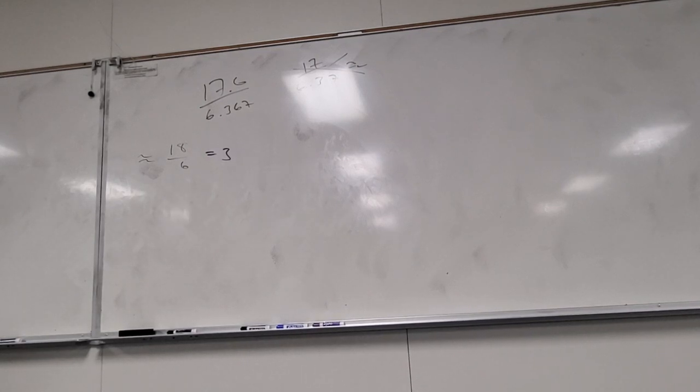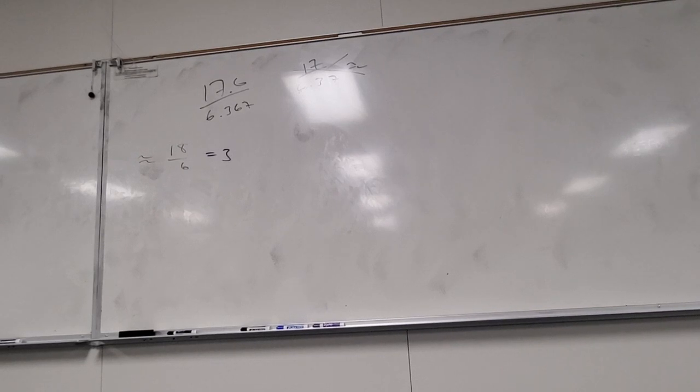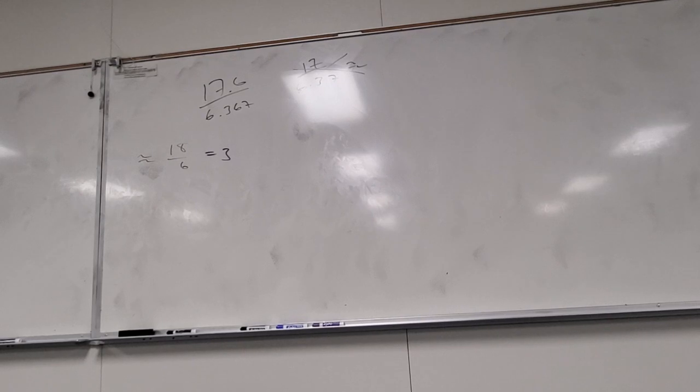If I just change the top and make it bigger, does the answer get bigger or smaller? Bigger. So, like for example, what's 20 divided by 5? 4. What's 30 divided by 5? 6. Okay. So if I make the top bigger, obviously the answer gets bigger. Does that make sense? Because I'm starting with a bigger number, so of course when I divide by the same number, I'm going to get more, right?